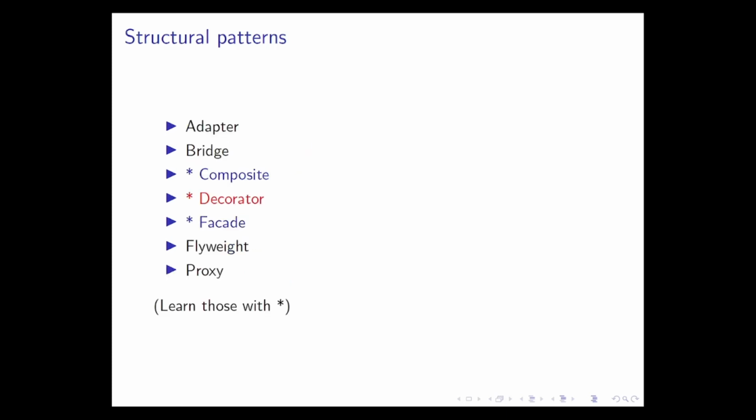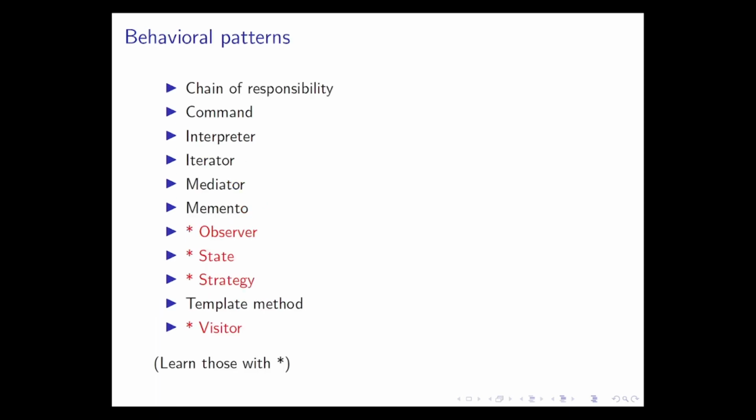We talked about composite earlier on and Facade today, and decorator occurs in an exercise for you to think about. And then there's a bunch of behavioural patterns about how things interact and behave. And outside lectures you're going to look at observer, state, strategy and visitor. Secretly you kind of know template method already because it's very similar to factory method, but I'll leave you to look into that. And that's where I'll stop.